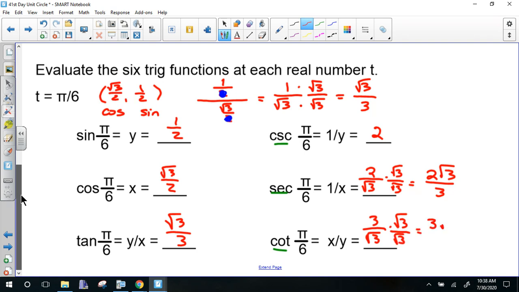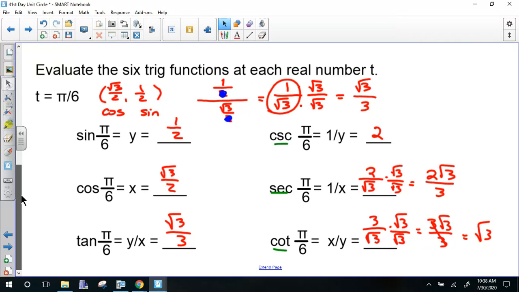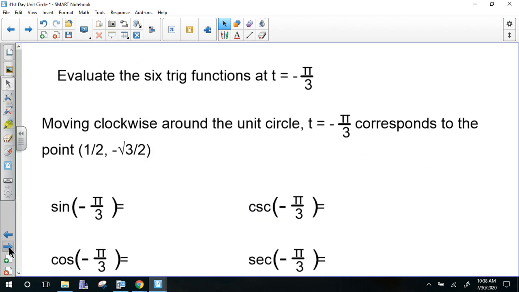So I get 3 root 3 over 3, and the 3's cancel, and I get root 3. So I could have flipped this one and gotten cotangent. So that's how you use the unit circle to find all 6 trig functions. And we'll get some more practice with that today.